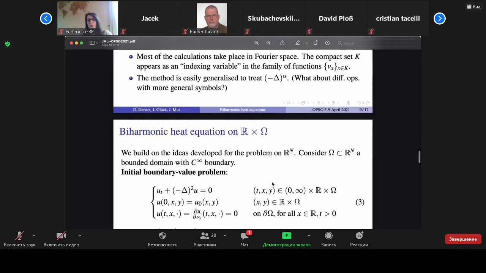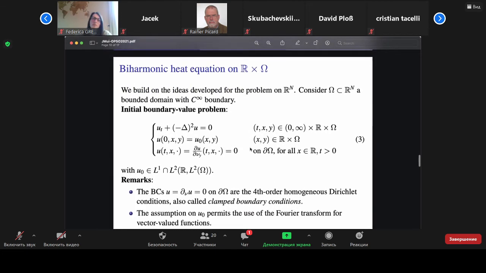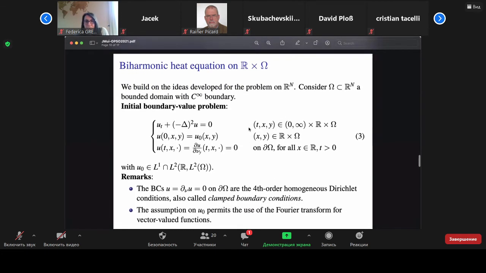So now, what is quite new is the analysis on the infinite cylinder. And here we have an initial boundary value problem. On the domain omega, we equip it with these boundary conditions, which are the natural fourth order Dirichlet conditions.